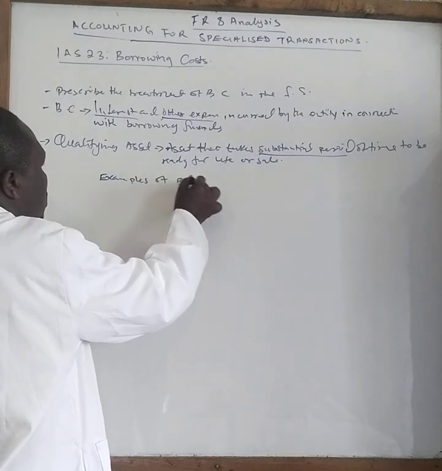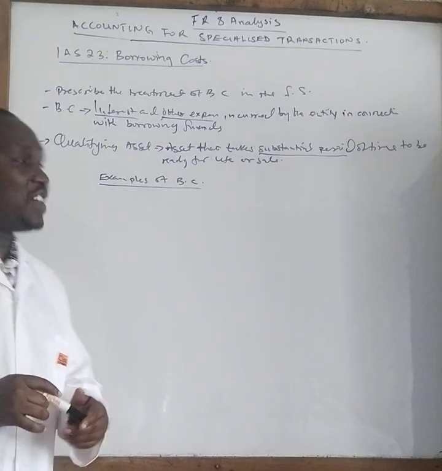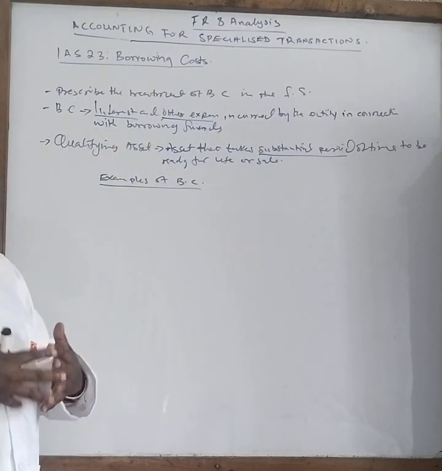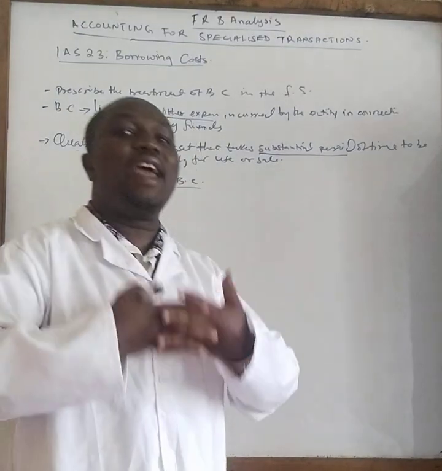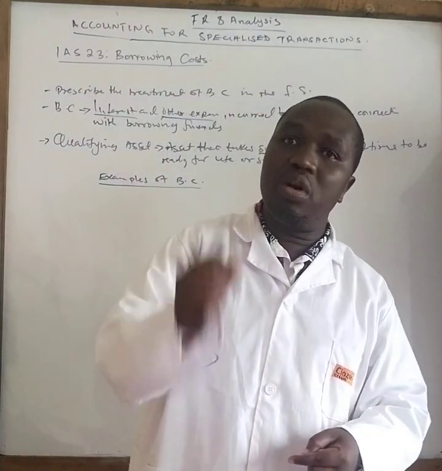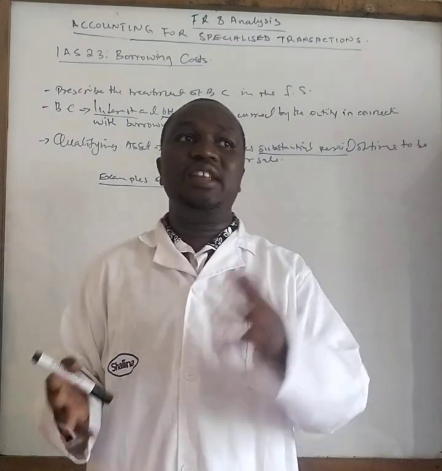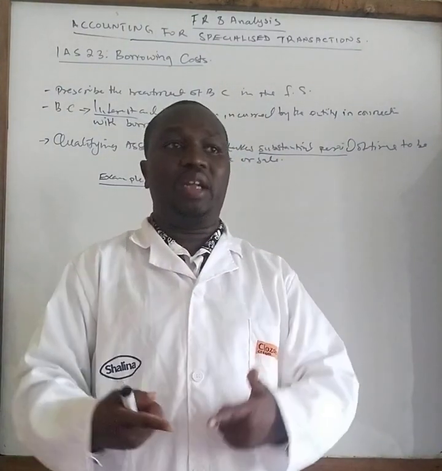Now, in this case, we can say what are the examples of borrowing cost. Not all the costs will fall under the borrowing cost as per the definition. We have been told that borrowing cost is the interest and other expenses incurred by the entity in relation to the borrowing of funds. So we have also other expenses. That is to say, maybe we have the processing fee of that particular loan.